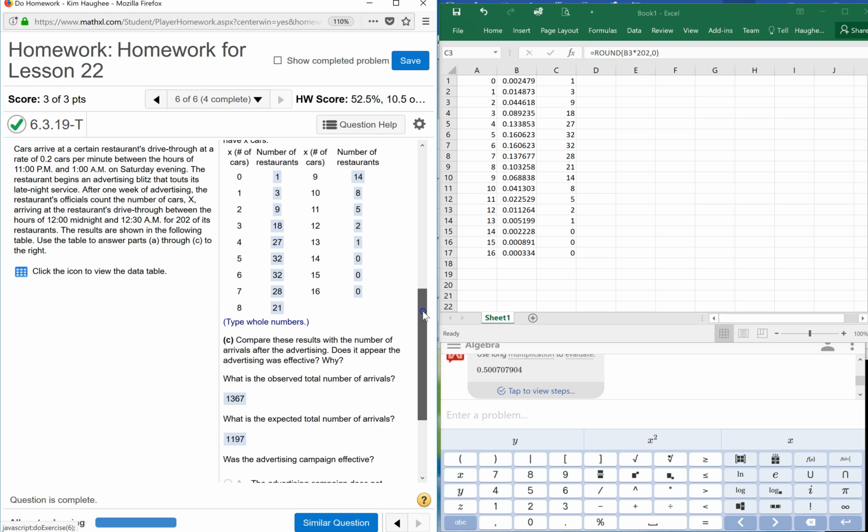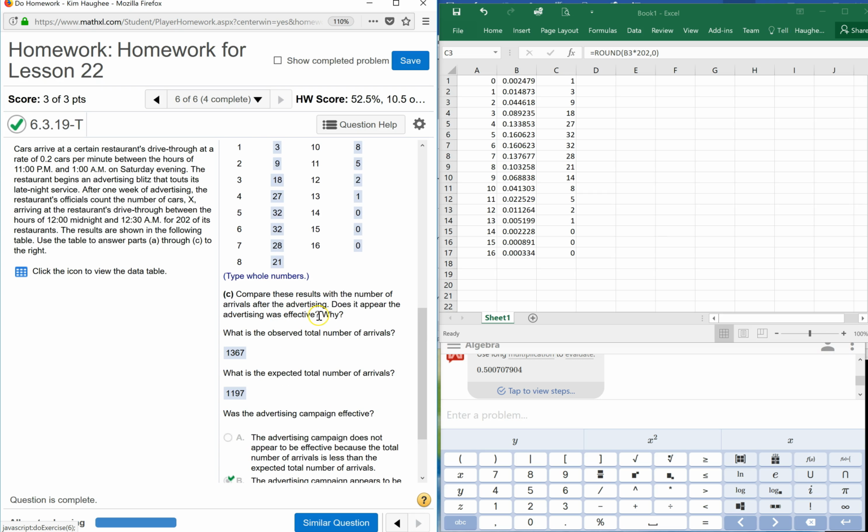Moving on to part C, it says compare these results with the number of arrivals after advertising. Does it appear that advertising was effective? Why? And the first question is, what is the observed total number of arrivals?